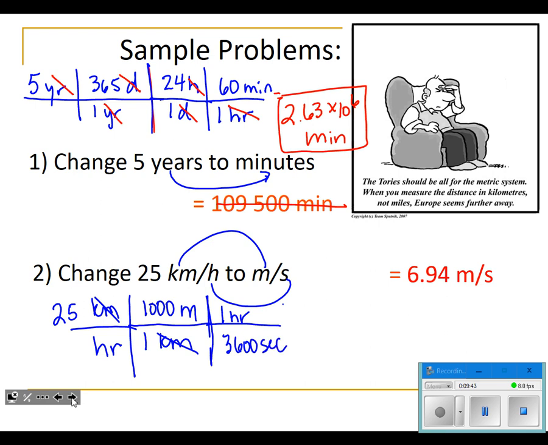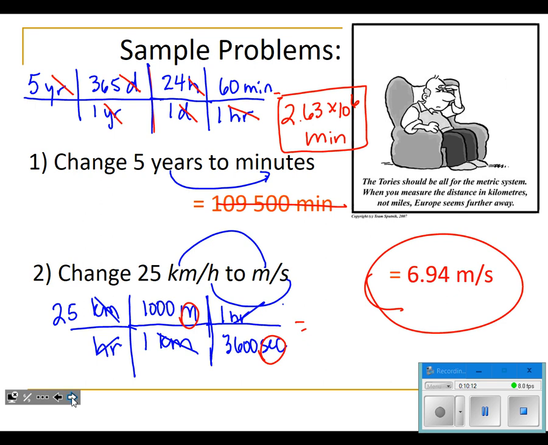So I can actually skip a step if I do that, and I can make it like that. Now I've ended up with just my meters on top and my seconds on bottom. So now I can just do the math. Taking a calculator, I can do my 25 multiplied by 1,000 divided by 3,600, and I end up with 6.94 meters per second. So that answer is correct.